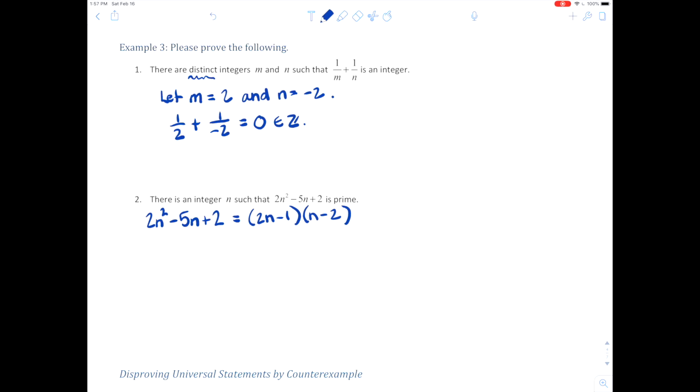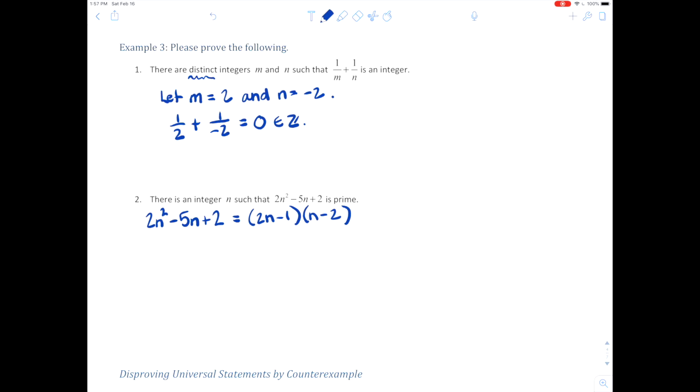So to recap, we need to find an integer where we get a product where one of the factors is 1 and the other factor is a number which can't be broken down anymore. It can't be written as a product other than times 1. All right, so let's take a look.